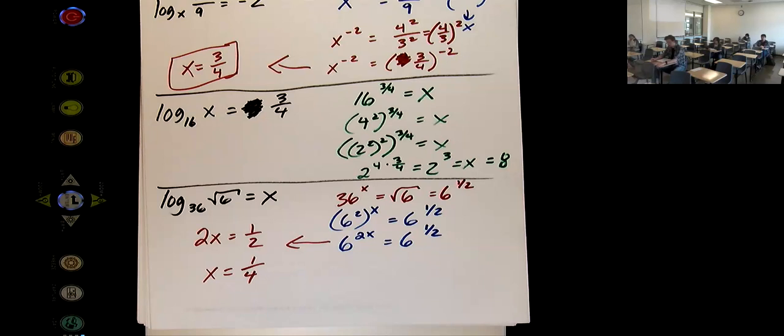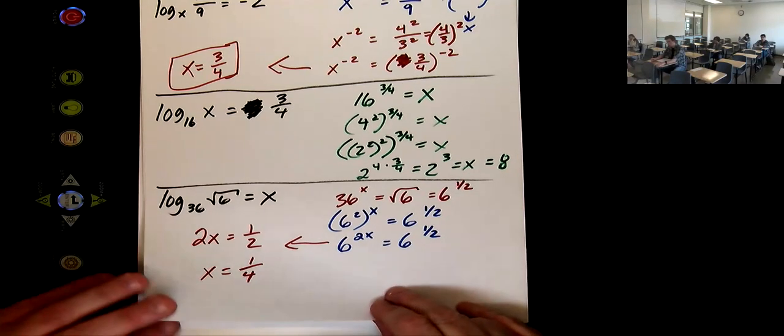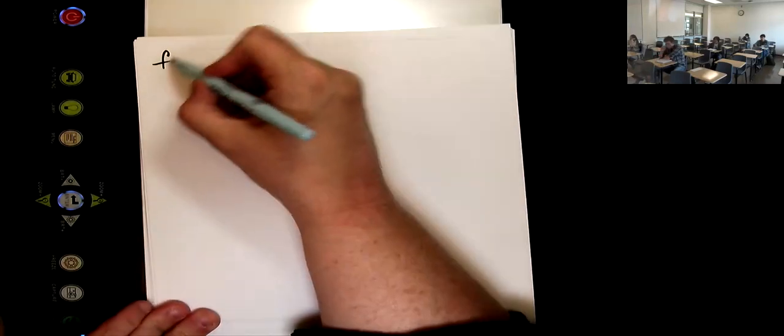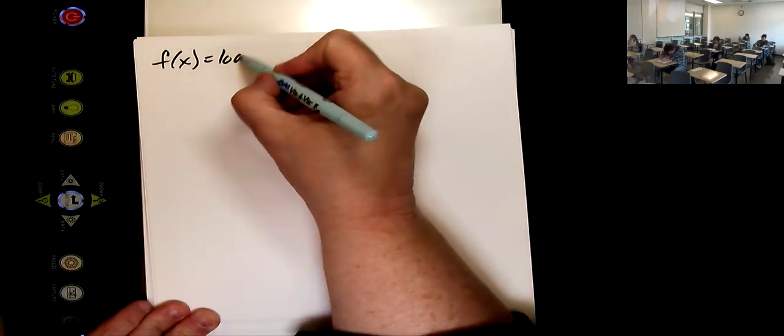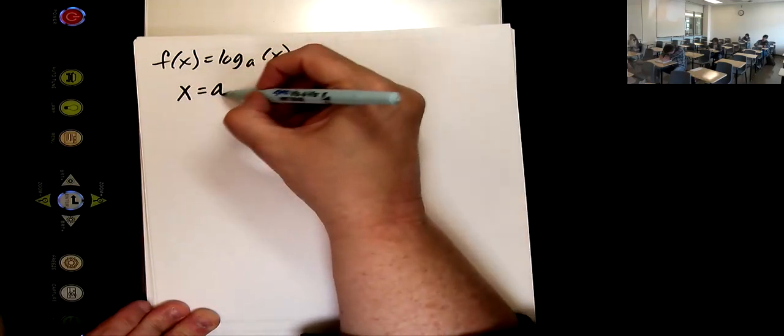Now, those are the different ways we can use those formulas. Let's go back and look at that function log base a of x, and how that is the same thing as x equals a to the y.